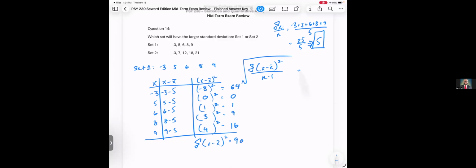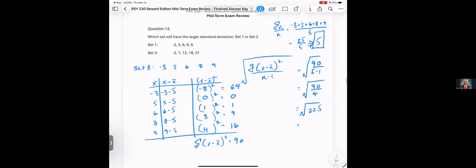So I know that this is going to be the square root of 90 over n, and I have 5 pieces of information, 5 minus 1. So the standard deviation would be the square root of 90 over 4. 90 divided by 4 is going to be 22.5.